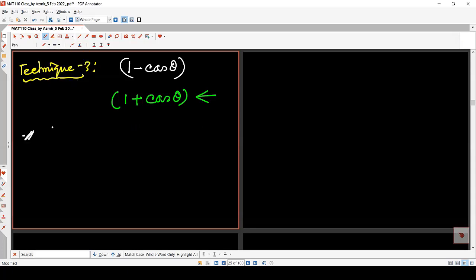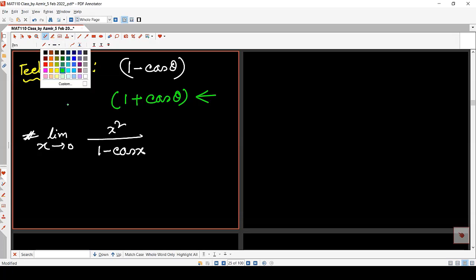Suppose we have to compute the limit as x tends to 0 of x squared divided by 1 negative cosine x. At first, if we input 0 above, 0 squared is 0, cosine 0 is 1, so 1 negative 1 is also 0. That means it is giving us 0 by 0 form.